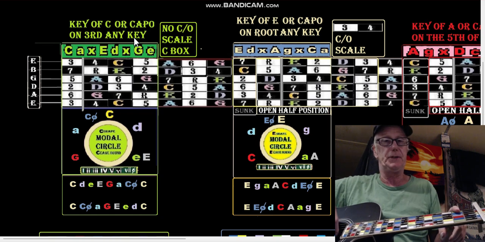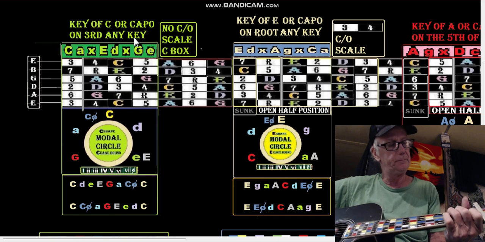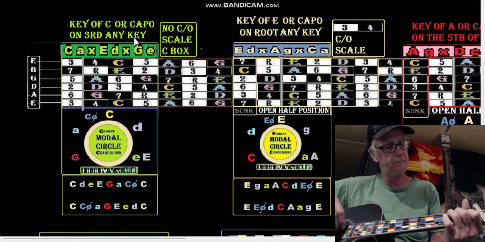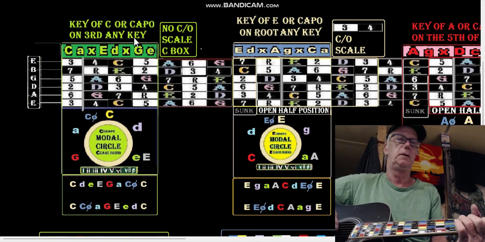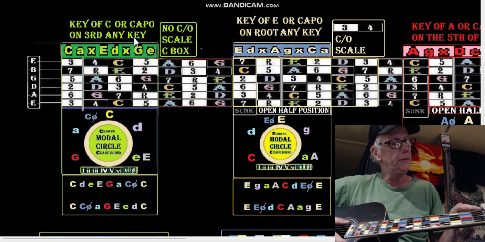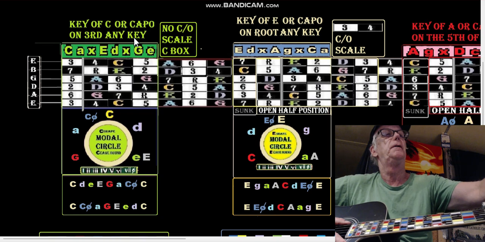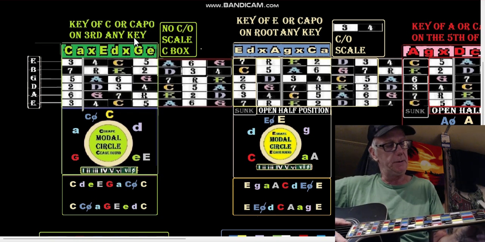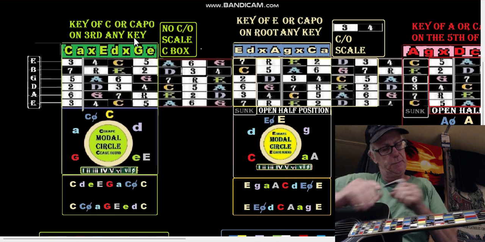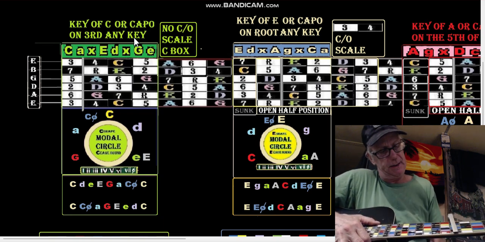Because this is the key of C, then this would be the key of D, right? No, it would be one below. It would be the key of B flat. So this would be the third of B flat, which would be D, and it is the third of B flat. So it's the second of C, and it's the third of B flat. Put it up here, believe it or not, then it should be the key of D.